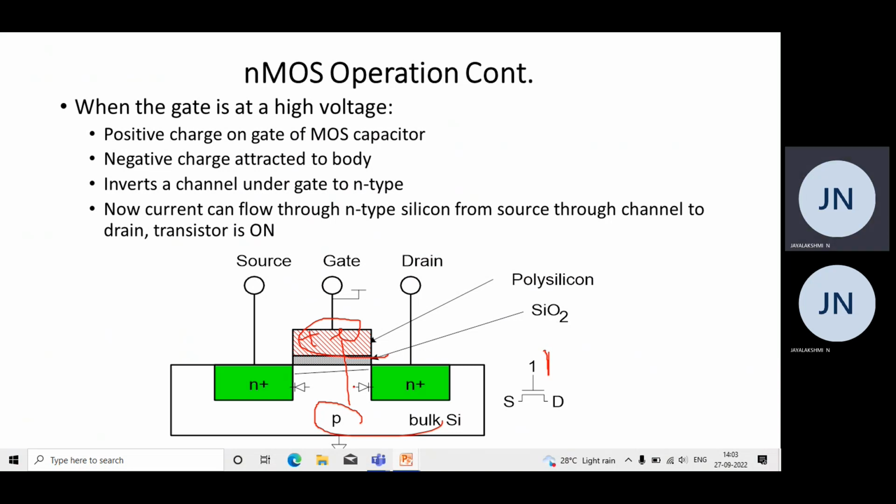When a channel is created, current flows from source to drain, and the transistor is in the on position. So remember, when the gate voltage is 0, the transistor is off and no current flows from source to drain. When the gate voltage is 1, the channel is created and current flows from source to drain. This is the operation of the NMOS transistor.